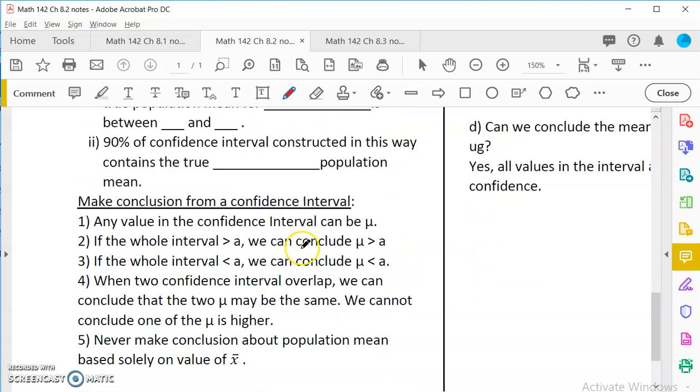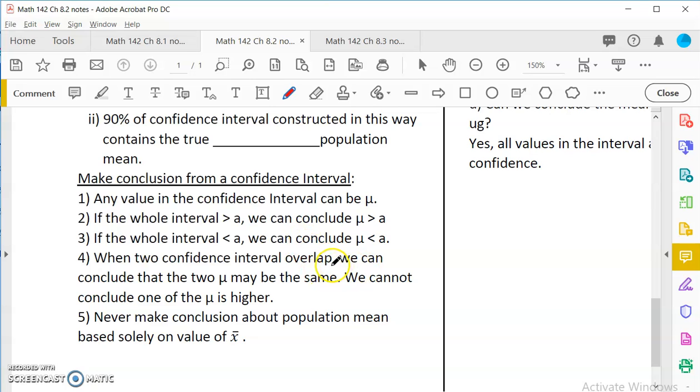The next thing is how to make a conclusion from a confidence interval. We have been doing this, but this summarizes the whole thing. Whenever we make a conclusion of greater than or less than, we have to look at the whole interval. If the whole interval is greater than a number, then mu is greater, because any of these is mu. If the whole interval is less than a number, then we can conclude it. If we want to say whether mu can be this number, we just check that if the number is in the interval, mu can be that number.